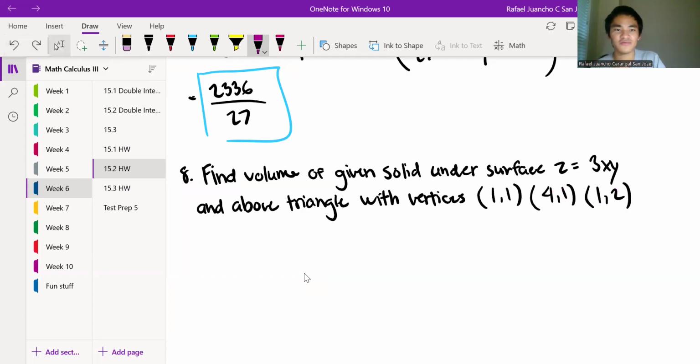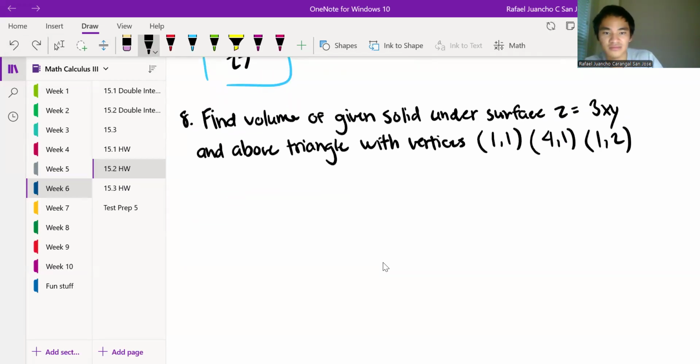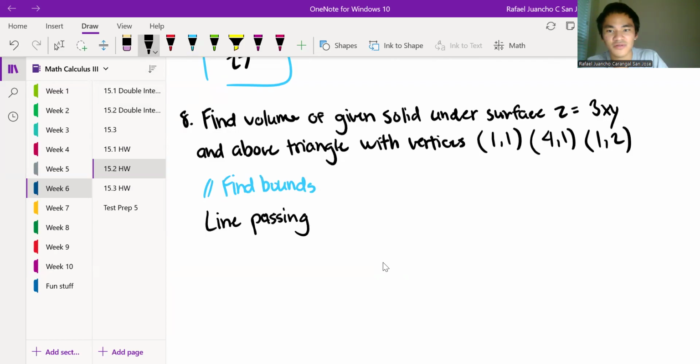So either way, whichever one I work with, I should get some value. Let me just do it dx dy, right? So here again, I find my bounds. That's what I'm going to do. So I get the lines here. So some line passing. So here I'm going to get some lines, 1, 1, and maybe 4, 1.